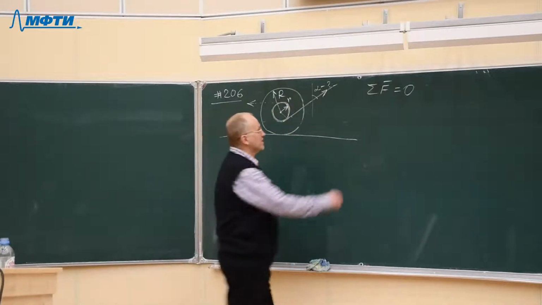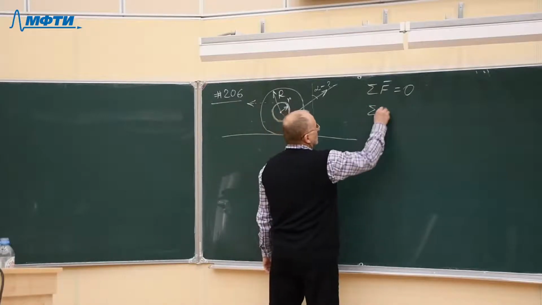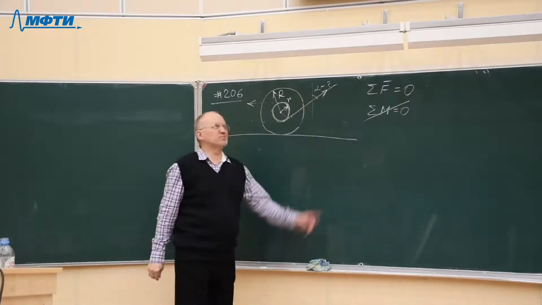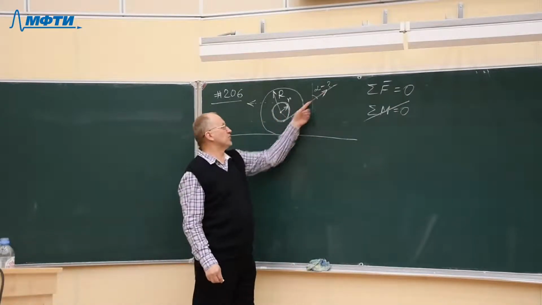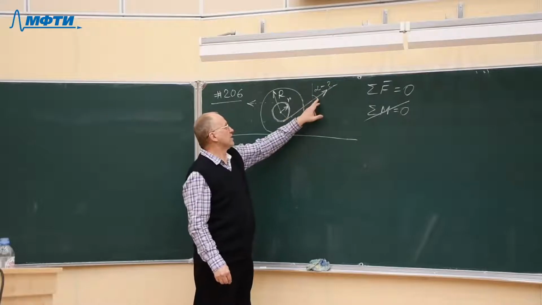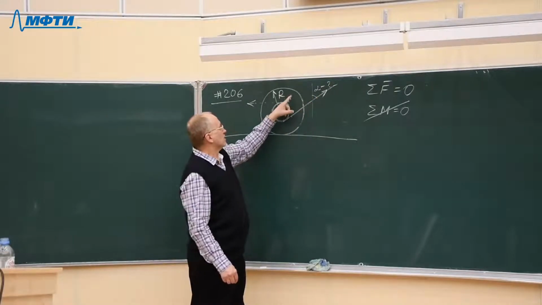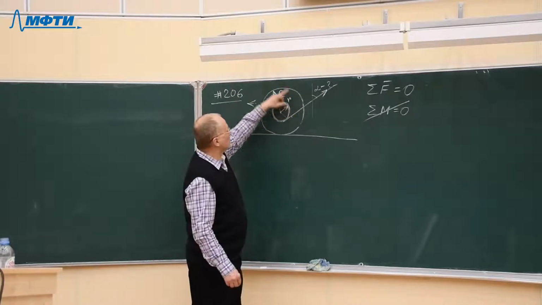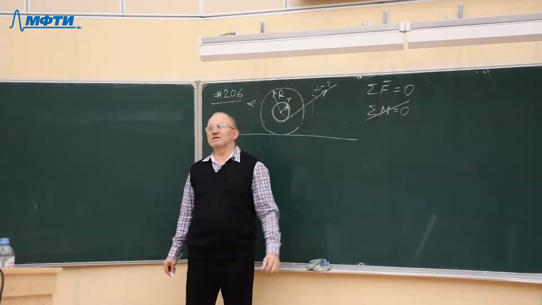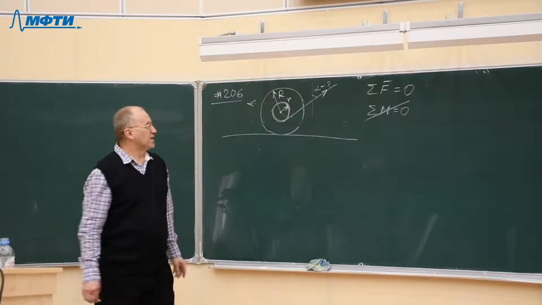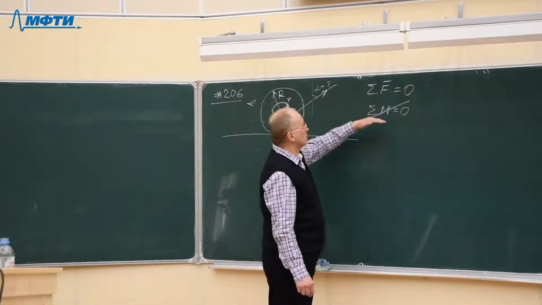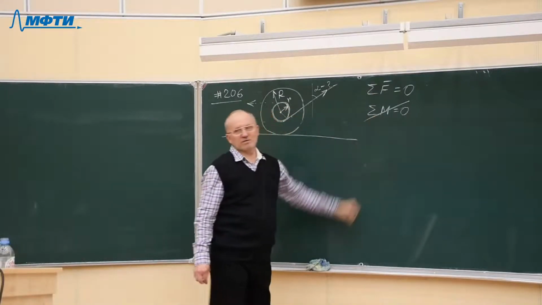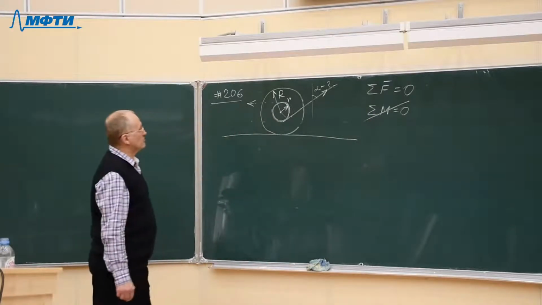So the second condition which we used last time, that the total torque is 0, will not apply in this particular case, because when we pull the string at this particular angle alpha, the spool will rotate, but the center of mass will remain at the same place. So we have to use the first condition, but we don't use the second condition. It will be non-applicable in our problem.